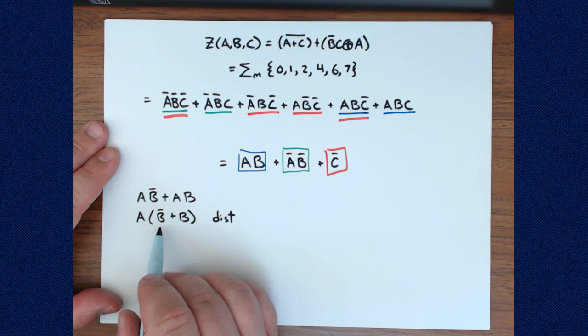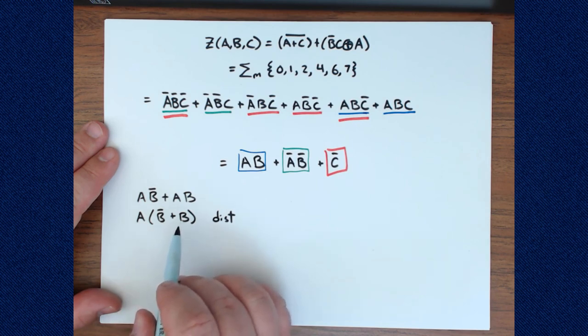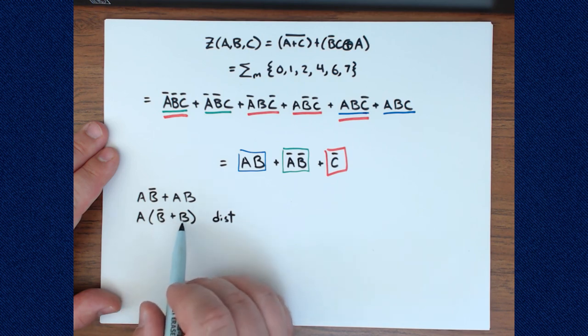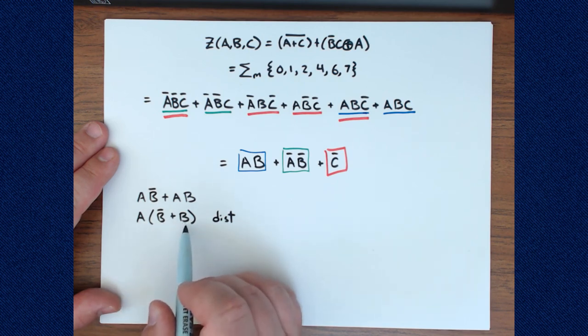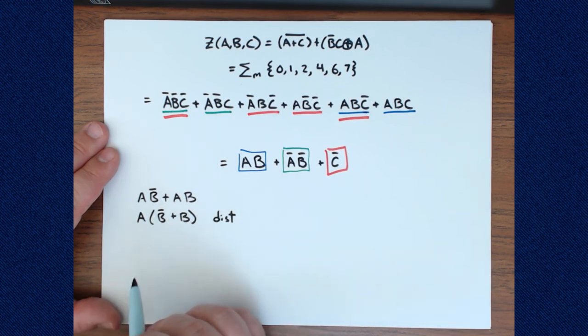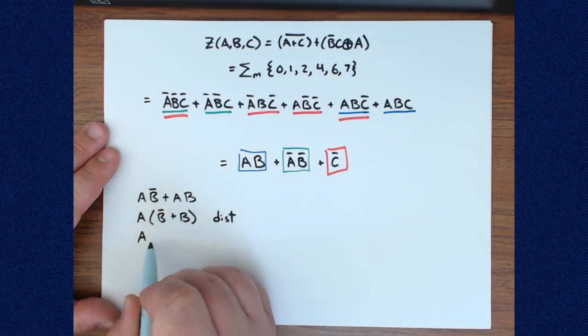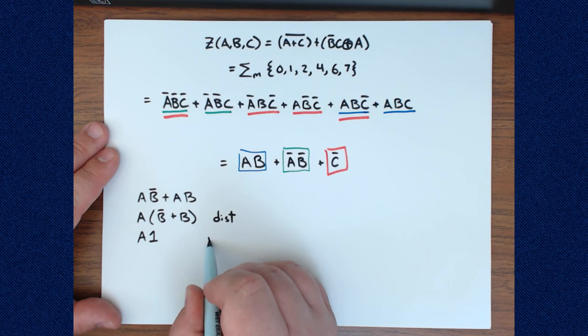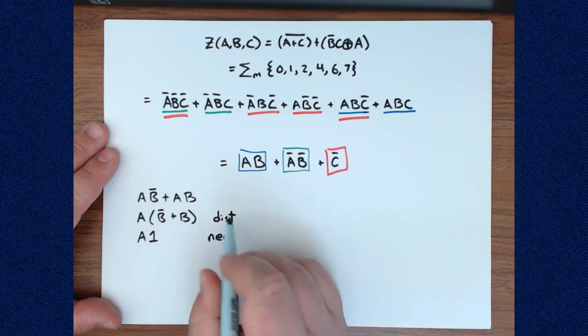Then I can look here and see that I've got this weird thing in parentheses where I say the inverse of B or regular B. Well, one of those is a 1, and 1 ORed with anything is definitely a 1. And so this is really the same then as A ANDed with 1. And that is the negation law. I think it's the AND OR form of the negation law.